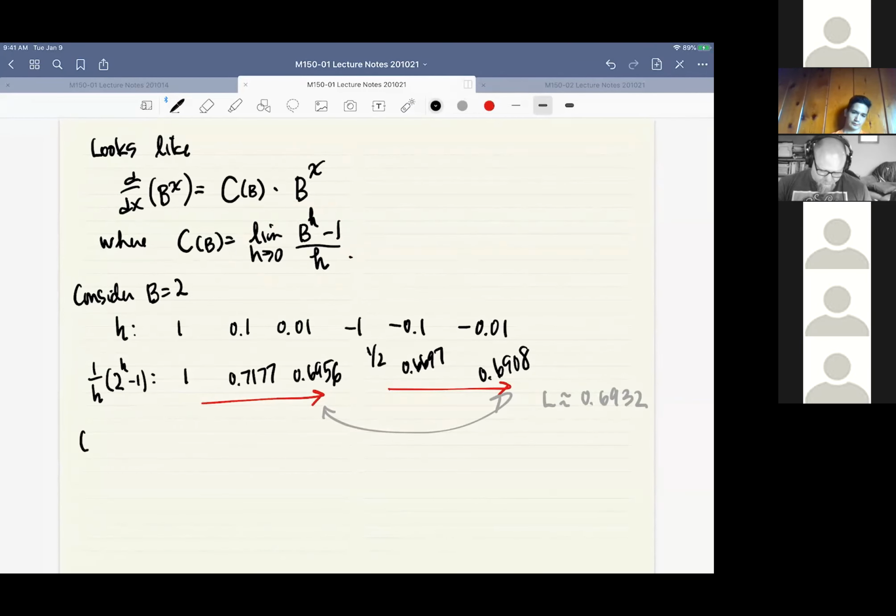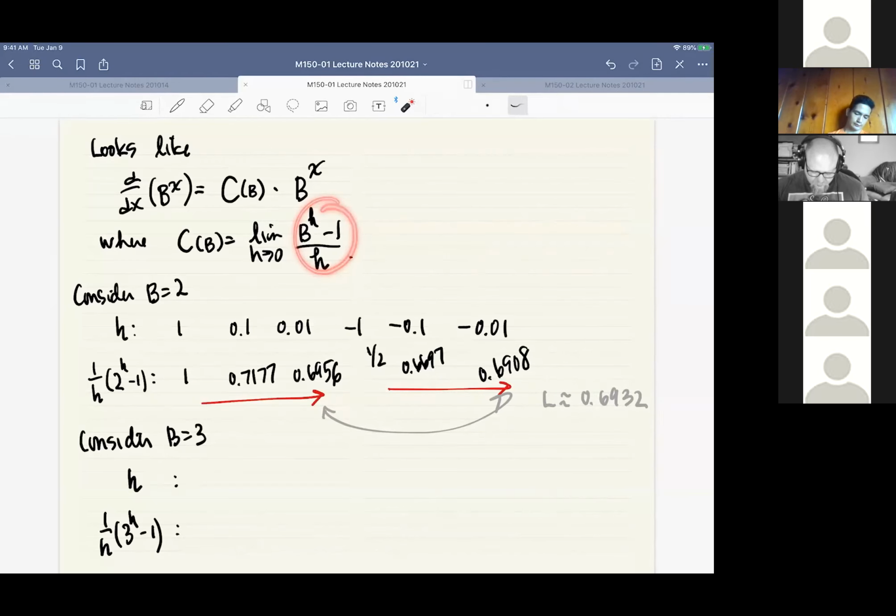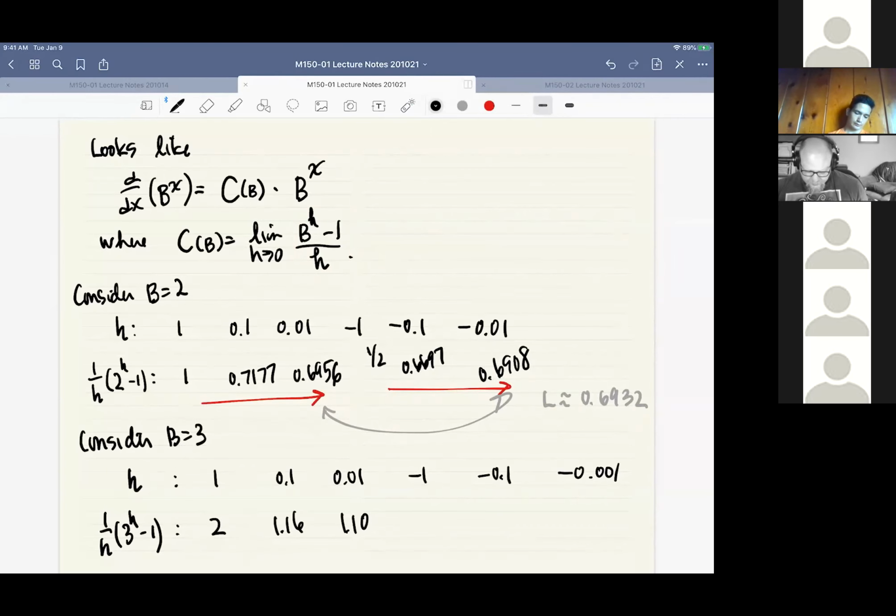Let's do the same thing for b equals 3. We'll make a table for h's and the value of the thing inside this limit. So our table is going to help us estimate a limit when b equals 3. And the numbers we get are, if h is 1, 0.1, 0.01, then I get 2, 1.16, 1.10, and then we get 2/3, 1.04, and 1.09.